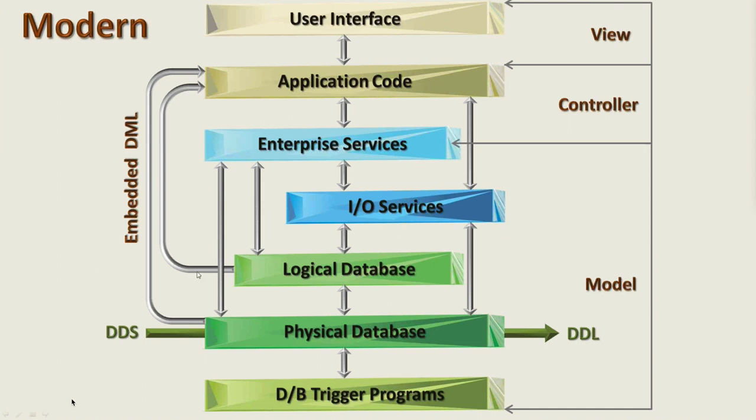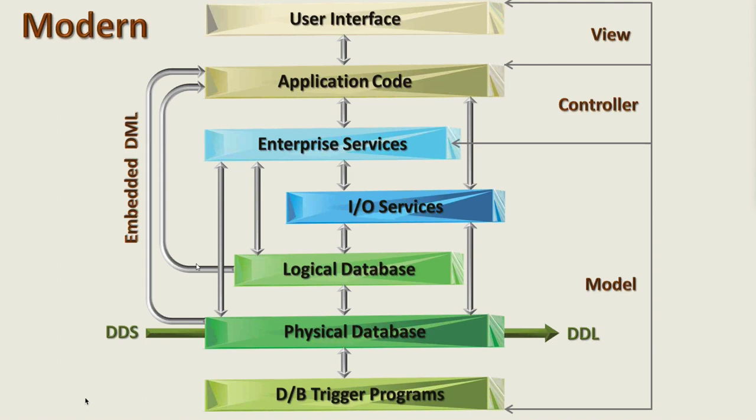It's acceptable, if you do this, to extract data from either your logical or your physical database. But done properly, you will not be able to put data into your physical database directly from your application code. Whereas you'll see all the other arrows in this whole picture have a multi-directional, a two-directional function. This one is one direction only. Break that rule and you're exposing your database to all sorts of problems.